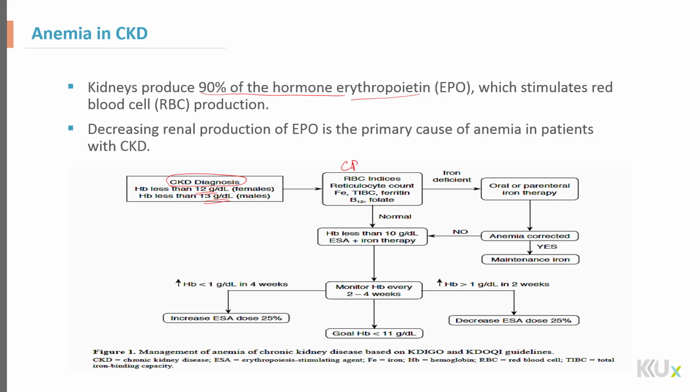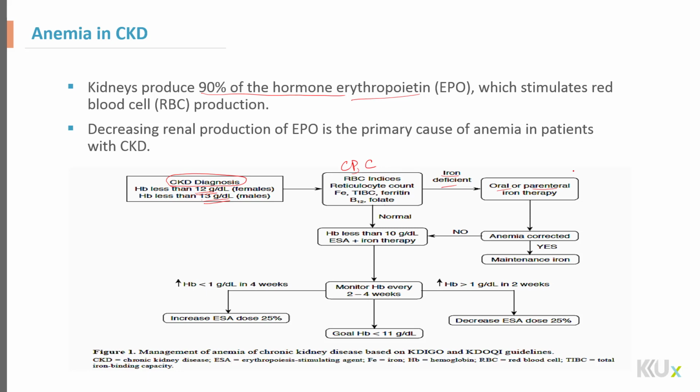Mainly CBC, which includes red blood cells, reticulocyte count, iron and total iron binding capacity, ferritin, vitamin B12, cyanocobalamin, and the folate or folic acid level in the blood. If you find the patient has iron deficiency, we should start oral or parenteral iron therapy.